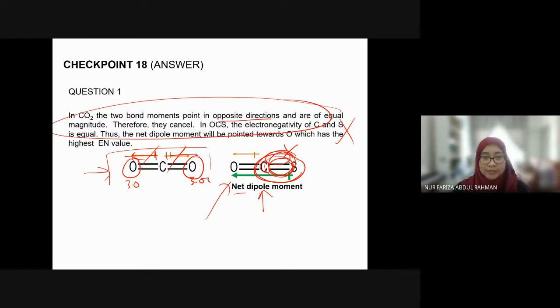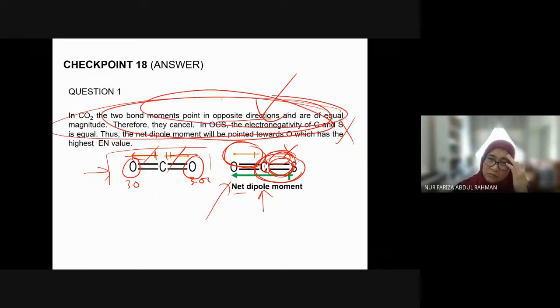You have proven that the OCS, why is it polar? Due to the presence of only one dipole moment. So there you just highlight that there's no cancellation of this dipole moment. That's all. Therefore, OCS is polar. You don't need this, because you have already drawn the dipole moment.